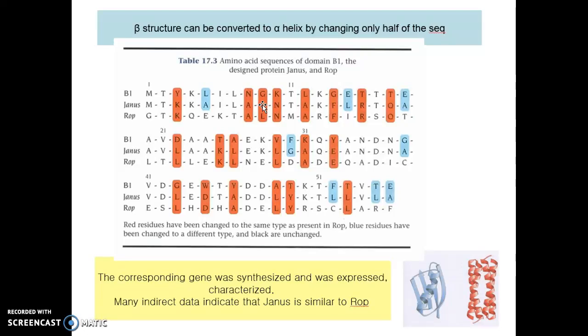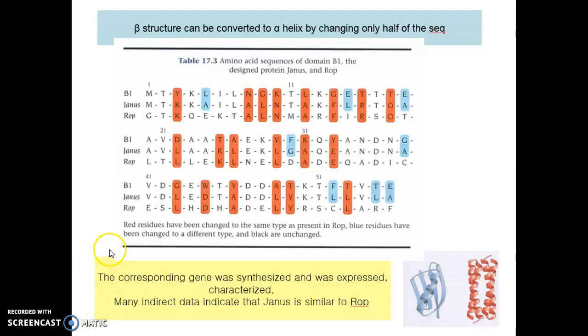It had 50% identity to B1, and the similarity to Rop had increased from approximately 5% identity to 41%. The red residues have been changed to the same type as present in Rop. Blue residues have been changed to different types. Blacks are unchanged.